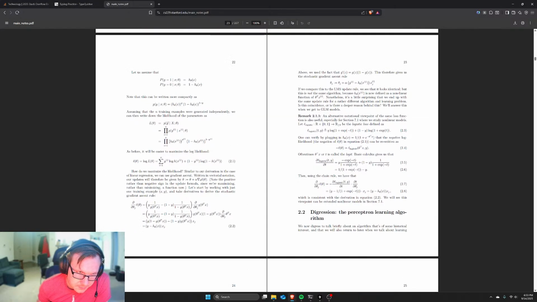Yeah, y here is either 0 or 1. So we have a bunch of y i's here. So y i is like a space, it's a set, I mean, it's not exactly a set. So we have a mapping.